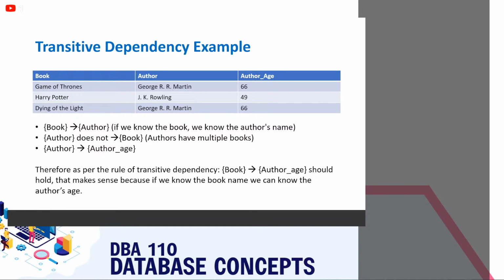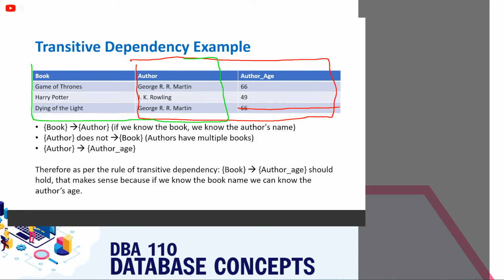So ideally what we would do here is we would make this a table. In which case, right, we wouldn't need the second George R.R. Martin. Right, so we can get rid of that one. And that would be a table.